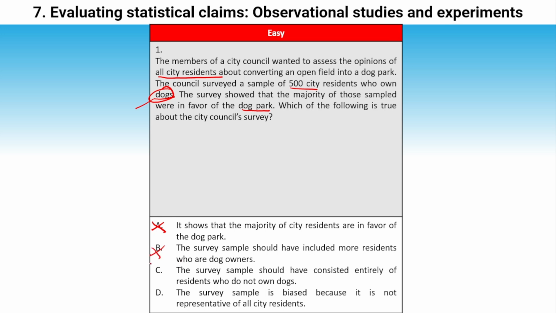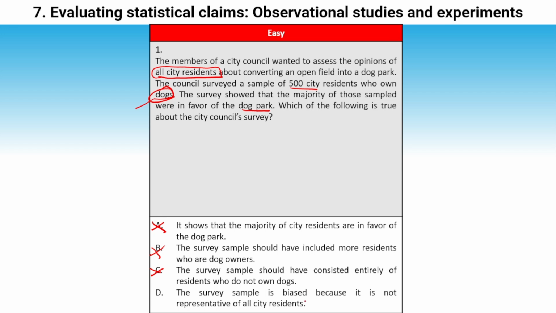No, since the city belongs to everyone, all city residents should be included, because it's an open field. Option C, the sample should consist entirely of residents who do not own dogs. No, that is also biased, because it should include everyone, dog owners as well as those who don't own dogs.